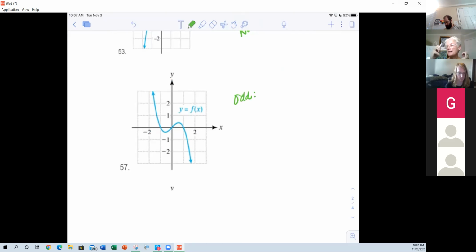Anytime it has that kind of S shape, curvy shape, one part's going up, one part's going down, and it passes through the origin. It has origin symmetry, which means that if you rotated it 180 degrees, it would come back on top of itself.